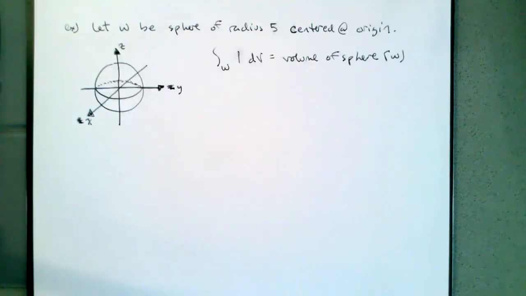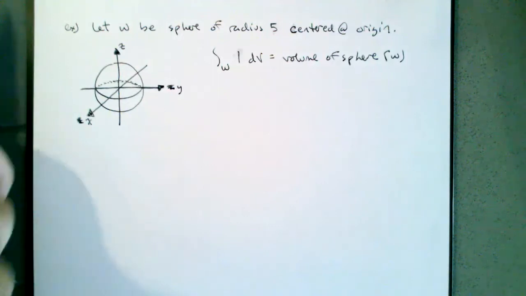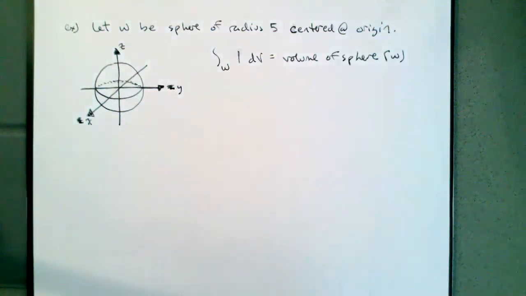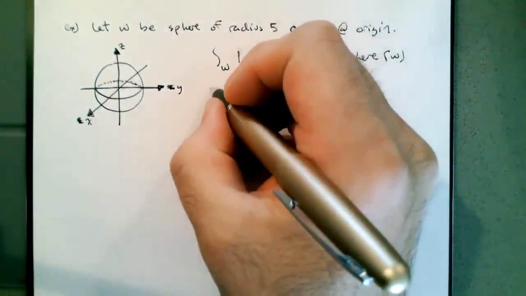So what we need to do is describe the sphere in a way that the integral will understand, and we're going to use spherical coordinates. What values of rho, what values of theta, and what values of phi. So the nice thing is, since we have a sphere, we're going to use spherical coordinates.